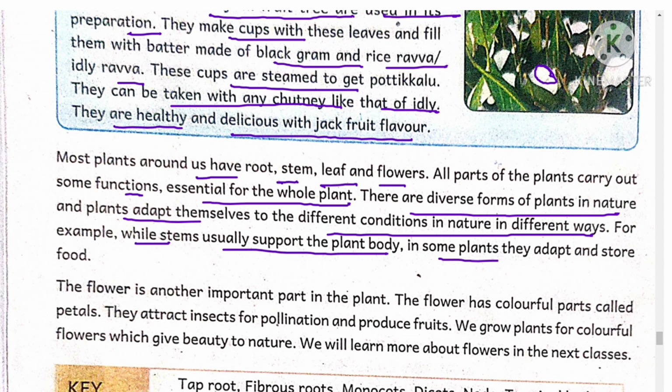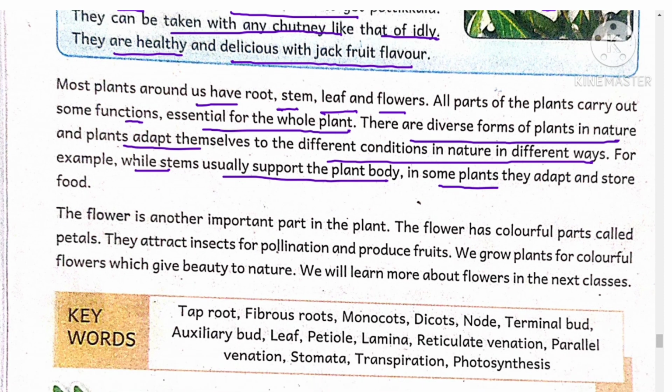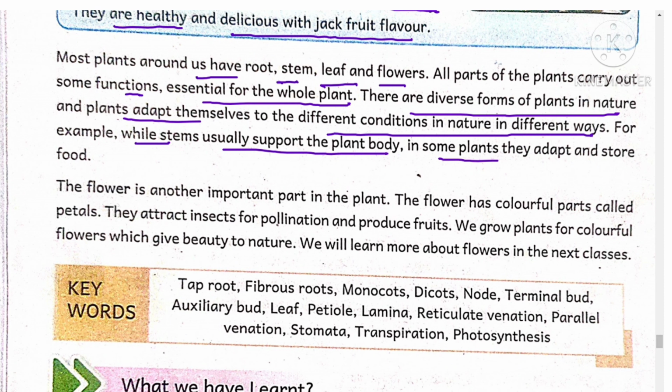And in plants or trees, what's the most beautiful part? Flower. The flower is another important part of the plant. Without flowers, we can't get any fruits and seeds. The flower has colorful parts called petals. In 7th class, you will learn about the flower and its parts.